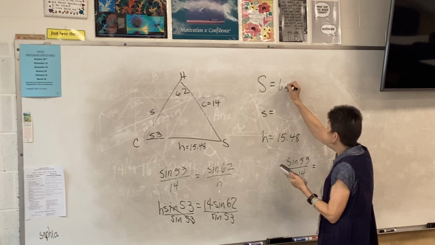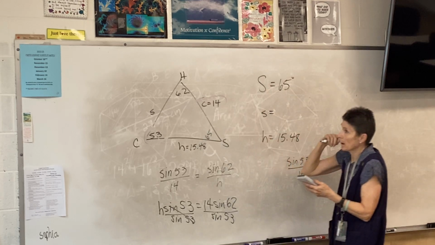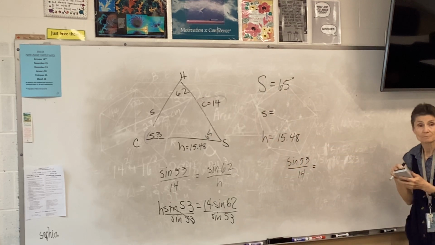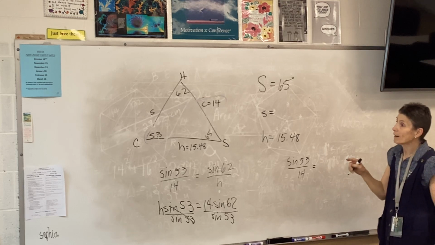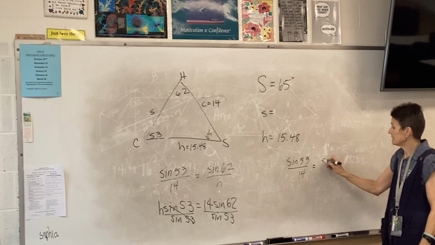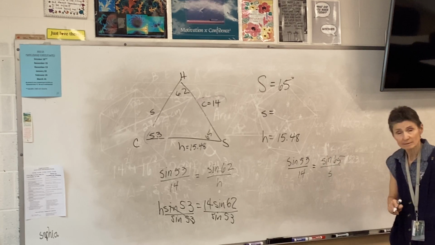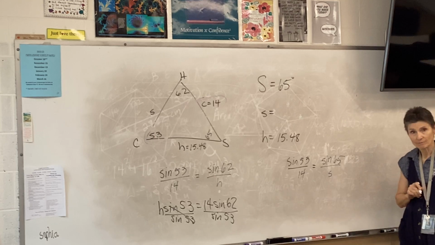So I got 65 for angle s. Did you? Hopefully. So now I can say sine 53 over 14 equals sine 65 over s. That's an s, not a 5.